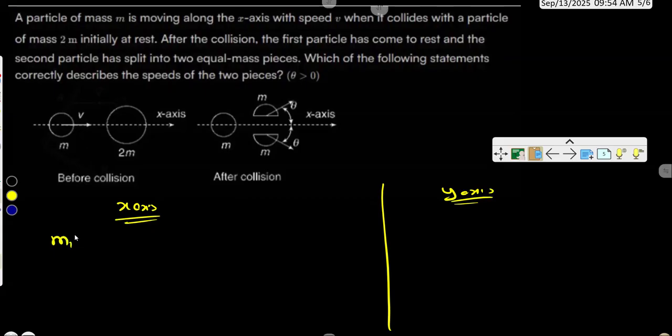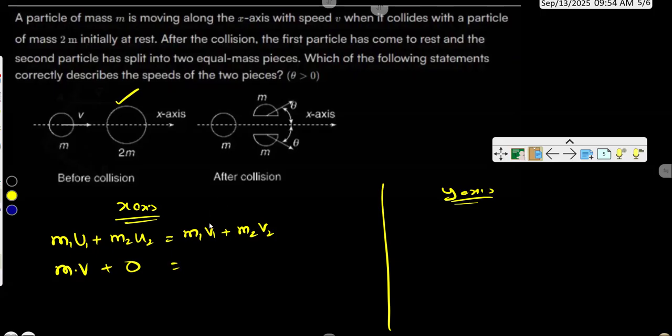So m1 u1 in the x direction plus m2 u2 in the x direction must be equal to m1 v1 plus m2 v2. Right? So m1 u1 is m into v, because in the x-axis we have velocity v. The 2m body is at rest, so 2m into u2 is 0.